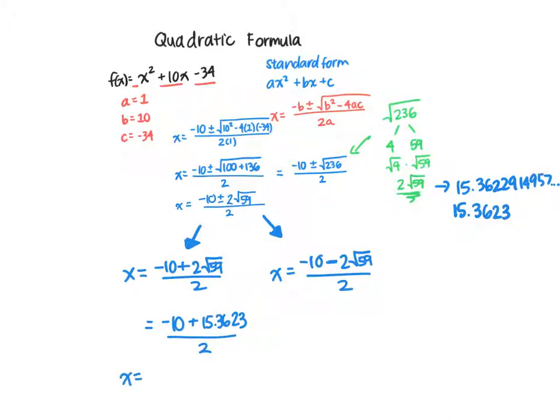And so our answer in decimal form would be 2.681. And the other one would be negative 10 minus 15.3623 divided by 2, which would be negative 12.681.